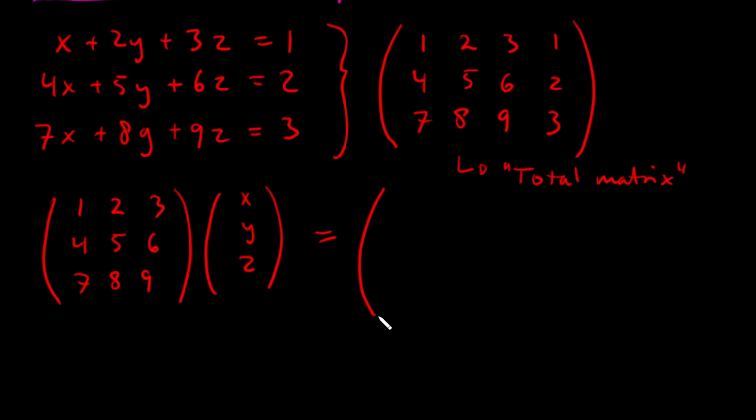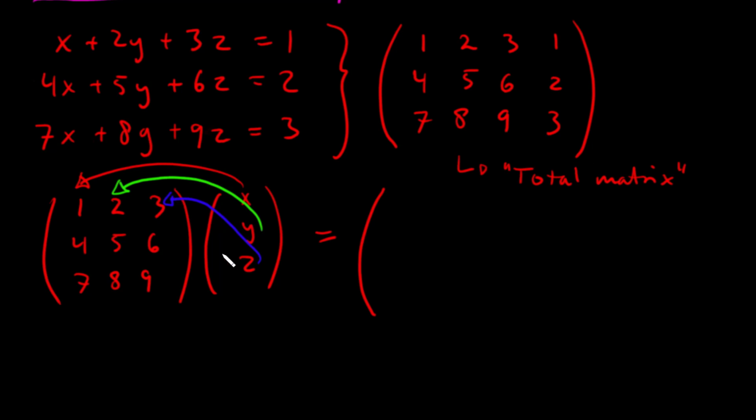you may have seen that when you multiply x, y, and z with each row here, you take the first one, you will have x on this one, then you have y on this one, and then you will have z on this one.